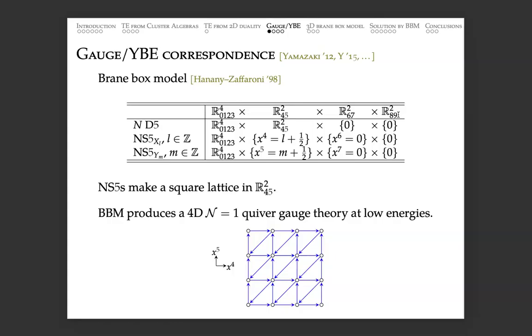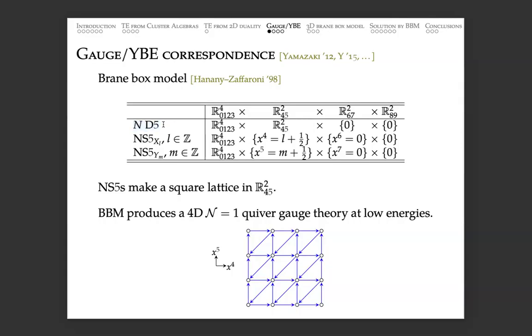Okay, and in string theory, there are extended solitonic objects called branes, and there are different kinds of branes, but in this type IIB string theory, there are particularly two kinds called D5 branes and NS5 branes. So these are 6-dimensional objects. D5 means 5 space directions and 1 time direction in the worldvolume of the branes.